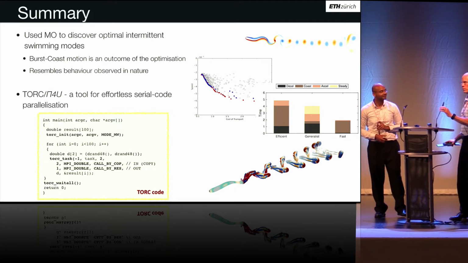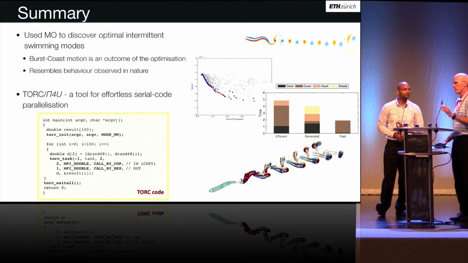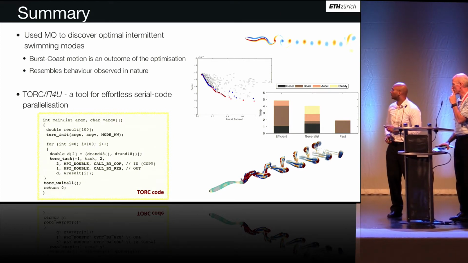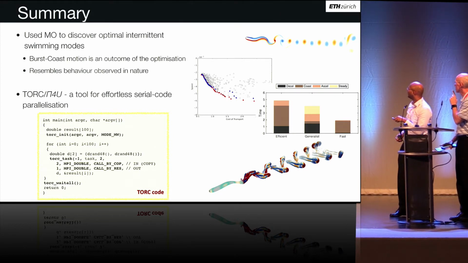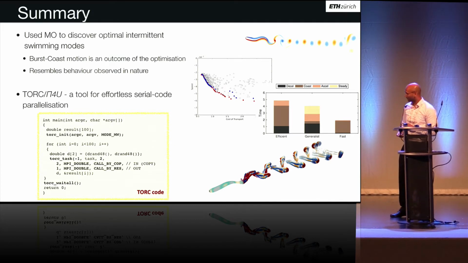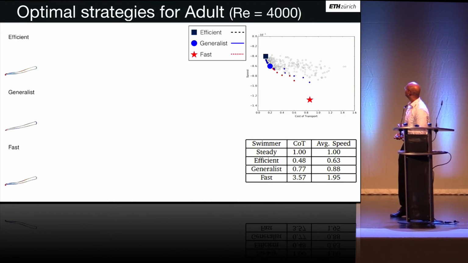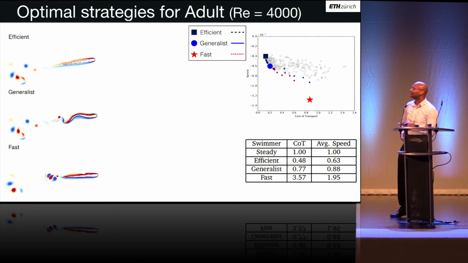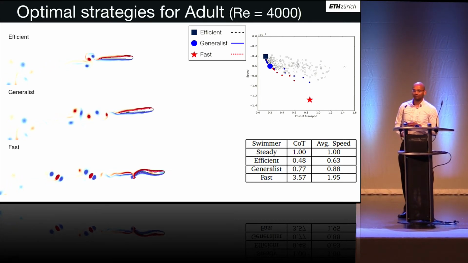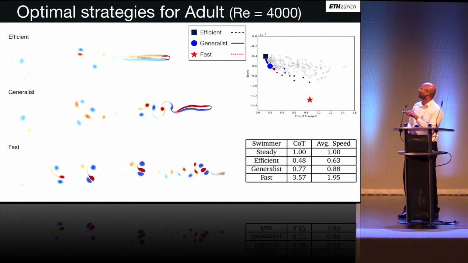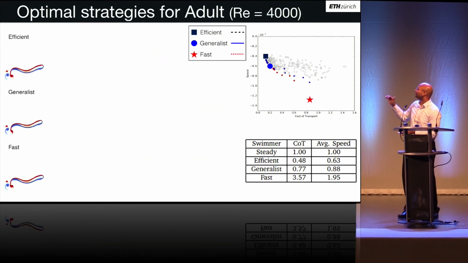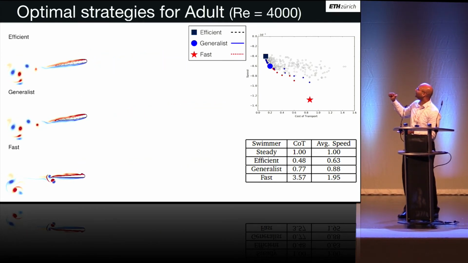I have one. Would you please explain the interpretation of the colors on your visualizations? Sure. For example, starting with the 2D ones. You mean what the colors mean here? Red, blue, yes. So the colors are basically vorticity.